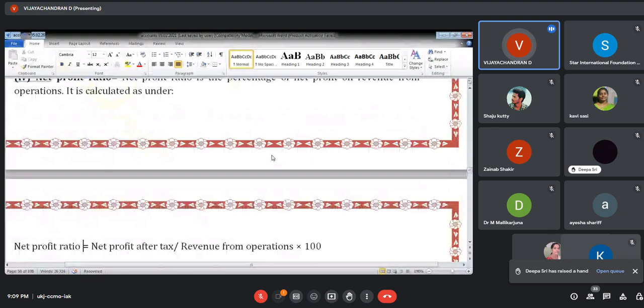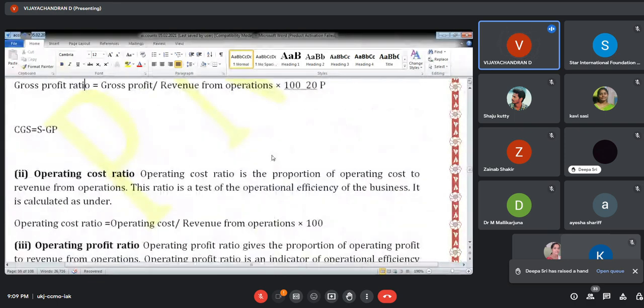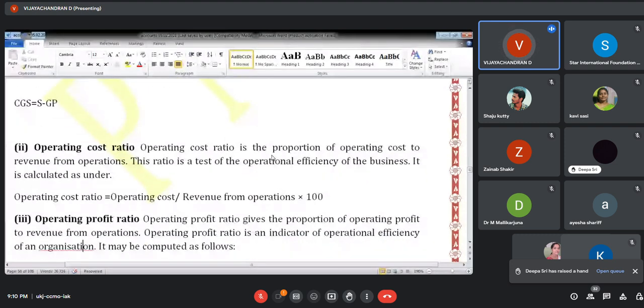Operating profit, as you know, is net profit minus non-operating income plus non-operating expenses. Operating profit divided by net sales into 100 is the operating profit ratio. But now I am asking the operating ratio: operating expenses plus cost of goods sold divided by net sales into 100. That is known as operating ratio.